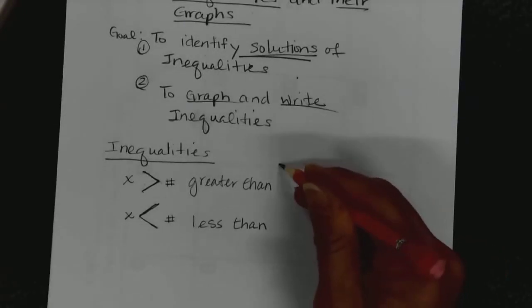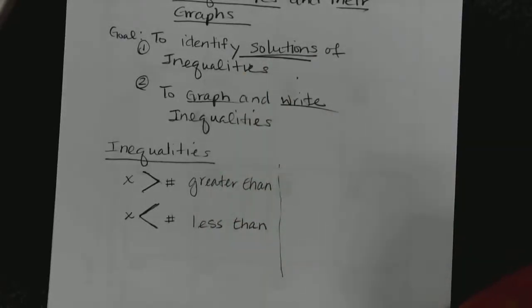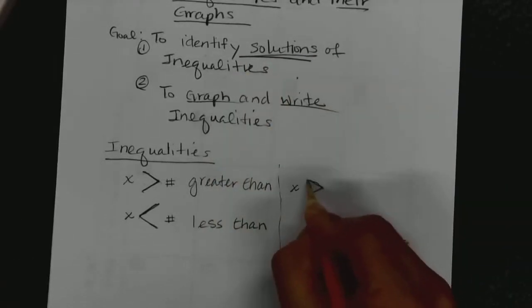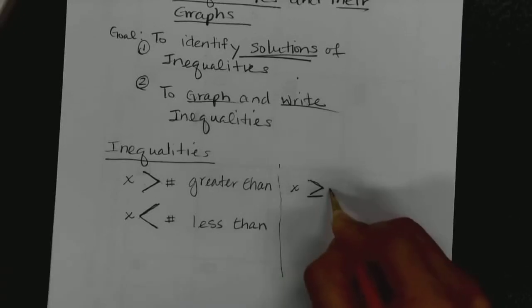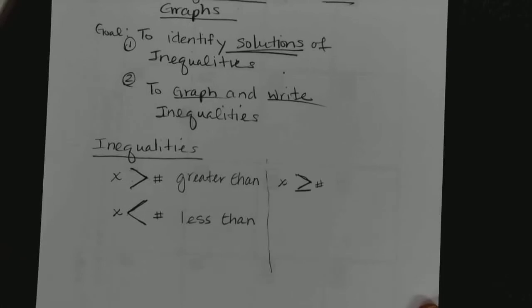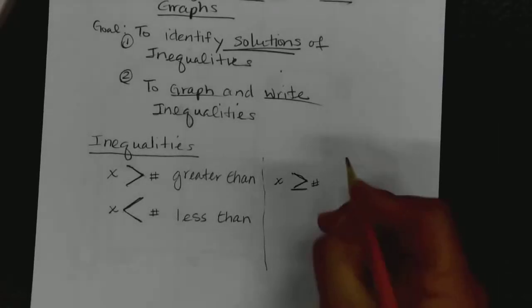Okay. All right. So now on the other side of this, though, if I have x, now what if there is a line under it? Or equal to. So greater than or equal to. So this says x is greater than or equal to a number.